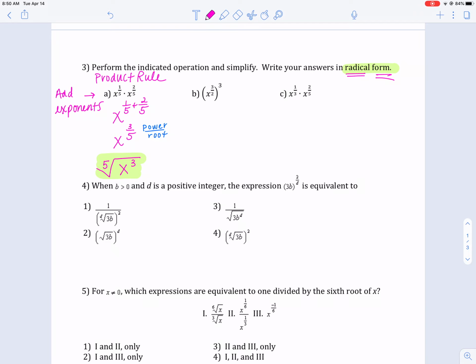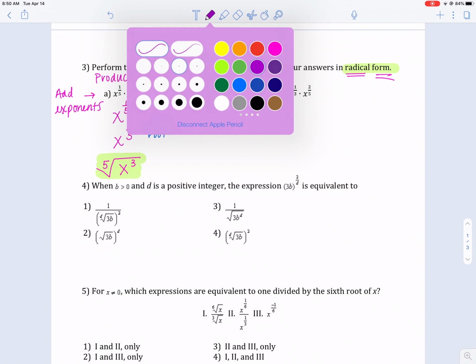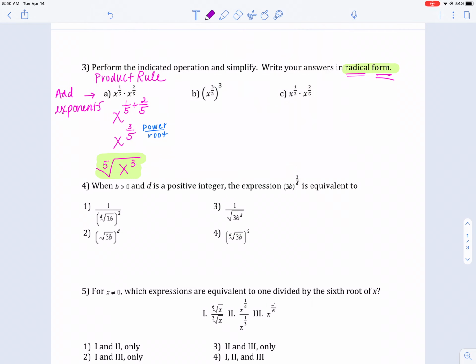Okay, let me try another one with you. I'm going to go new color. So if you look at B, B is what we call power to a power rule. See how the exponent is raised to another exponent. Here is where you are allowed to multiply exponents. Does everybody see the difference? In letter A, you are multiplying, we add exponents.